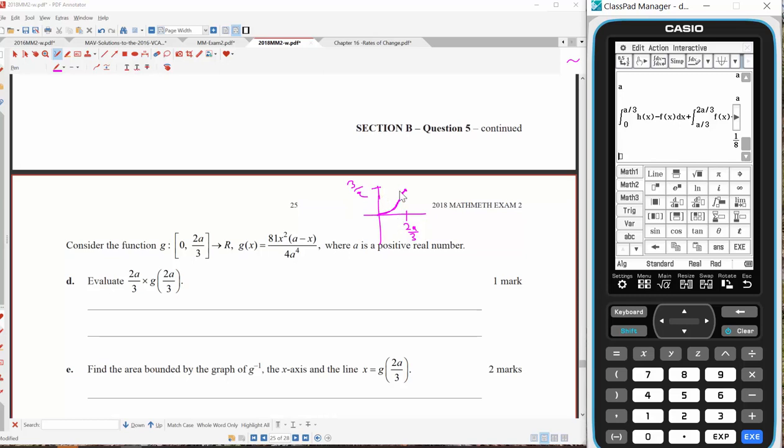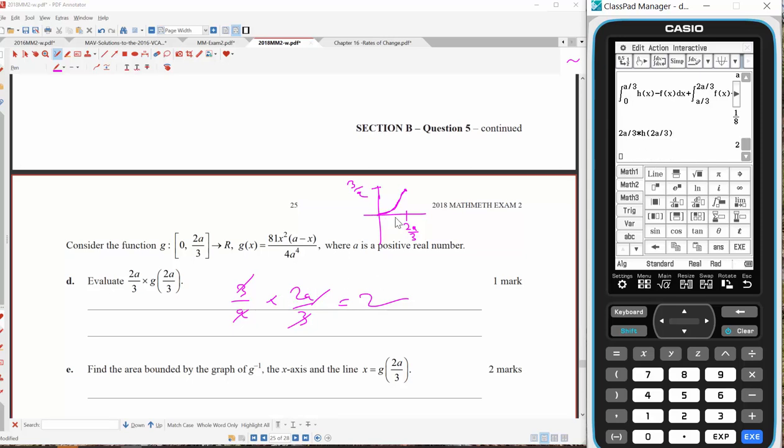It's just multiplying those two together, because that y value is g of 2a on 3. So this should be 3 on a times 2a on 3, so it should be 2. Yep.